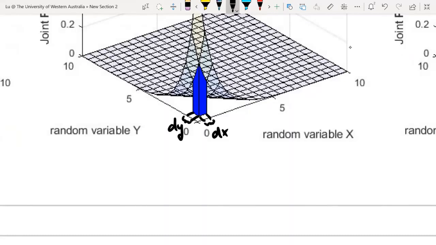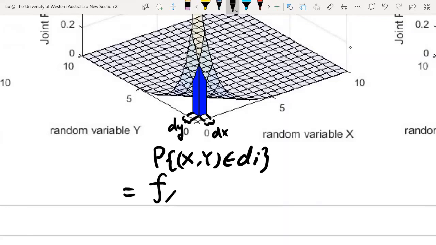And what is the probability that x and y fall into this small Di region? That's equal to the joint PDF at this xi, yi multiplied by dx and dy.